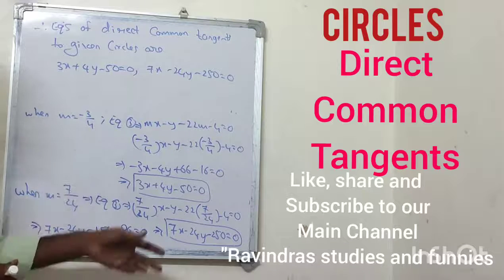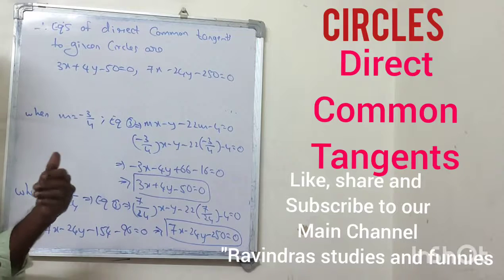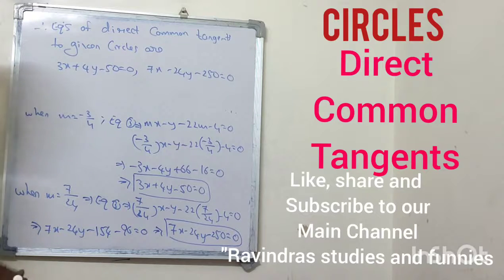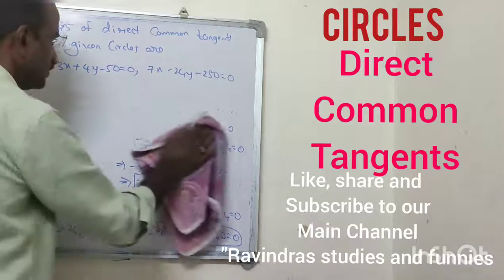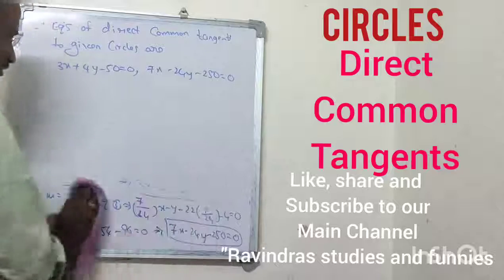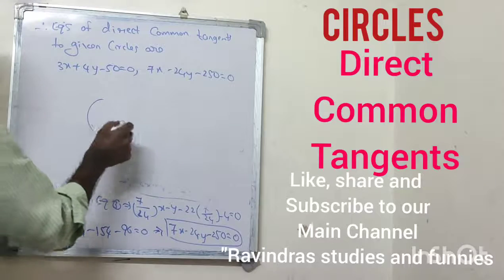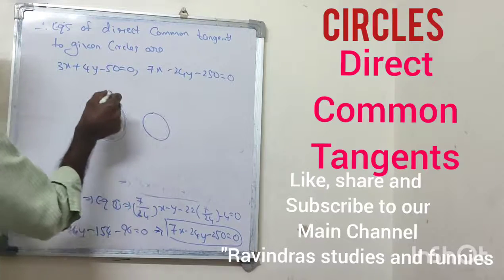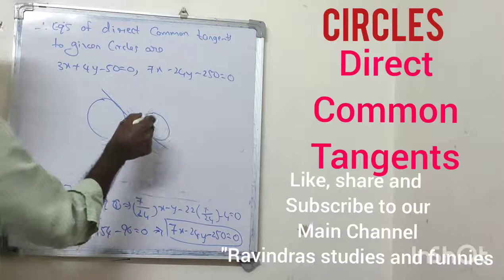Now the same type of sum you will have for finding transverse common tangents. For finding transverse common tangents, you have to find the internal center of similitude and follow the same procedure. Transverse common tangents exist for circles which are not touching each other.